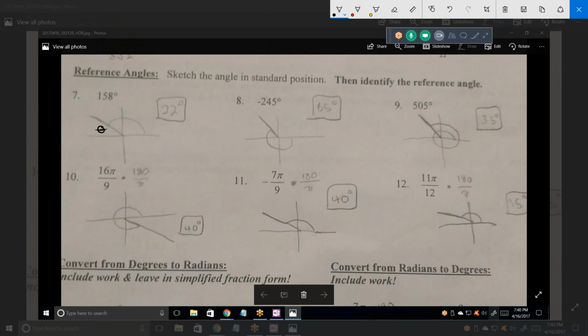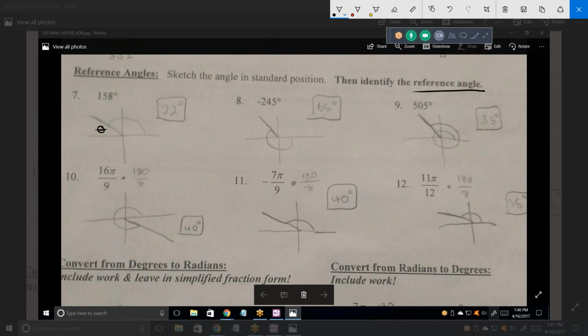Okay. That's what's called the reference angle. In other words, the reference angle is always the angle that the ray makes with the x-axis. Okay, it's that simple.